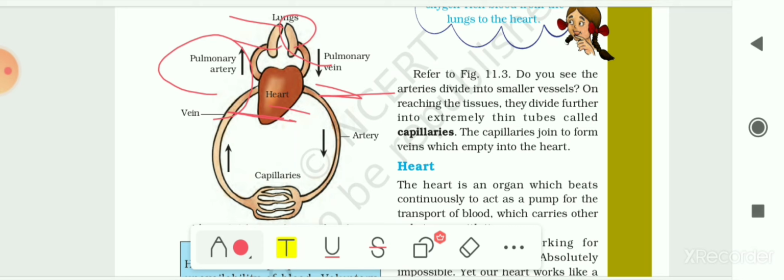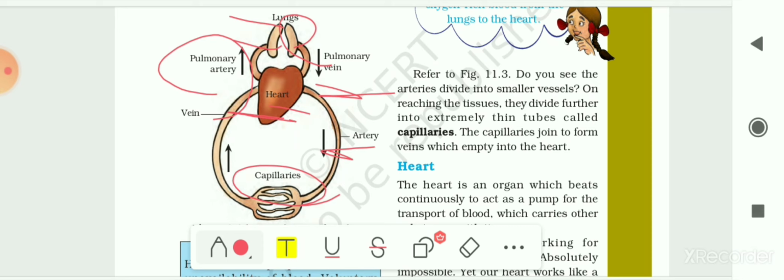Now from the heart, through this artery, the blood will reach the rest of the body parts, the tissues of our body, and from the tissues through the capillaries it reaches the cells of our body.